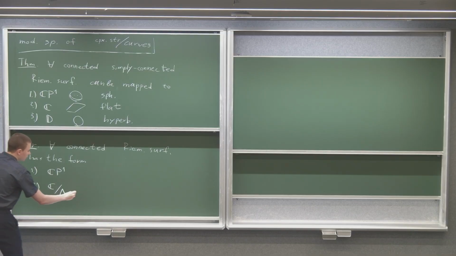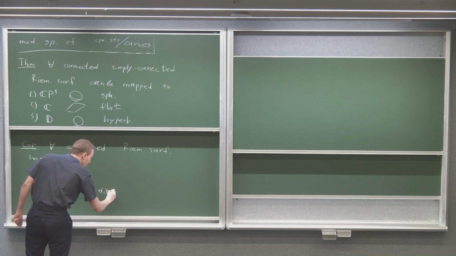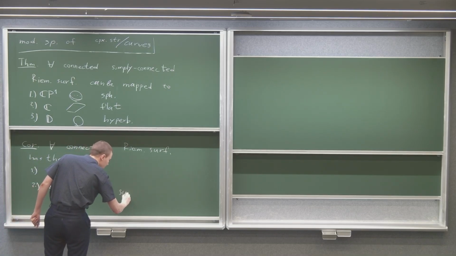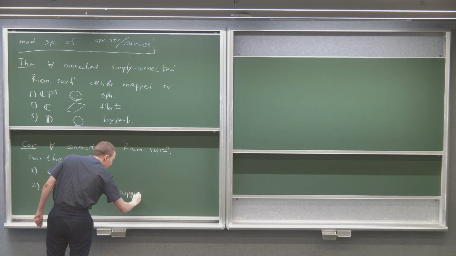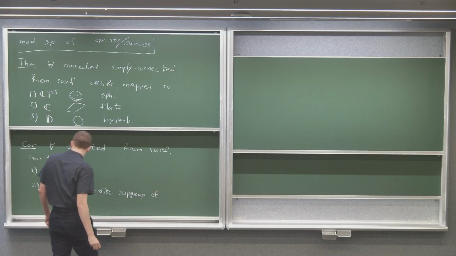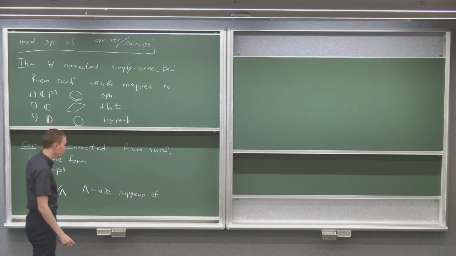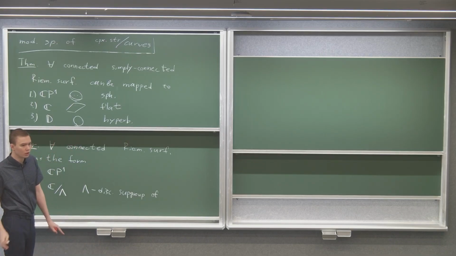Let me just say here, lambda is just a discrete subgroup of, I'll say, all automorphisms of C, which are affine linear transformations.